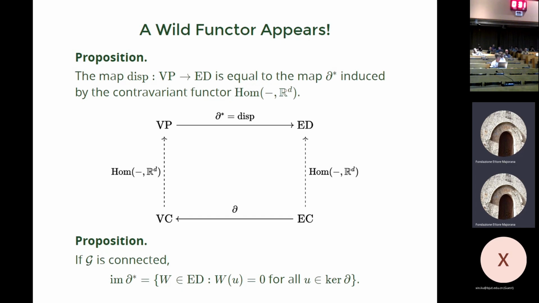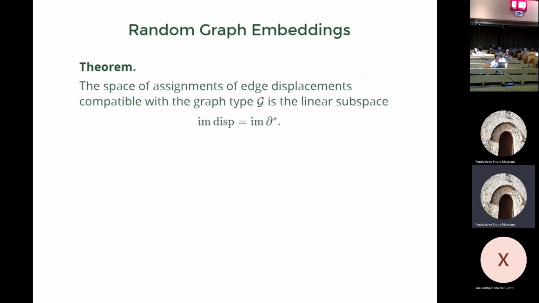It's not really a cycle physically, geometrically. So these are the allowable embeddings. Things that are not in the image of boundary star are not really physical things. They don't really make sense.